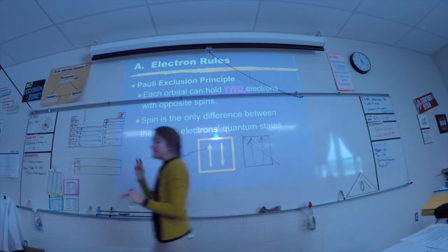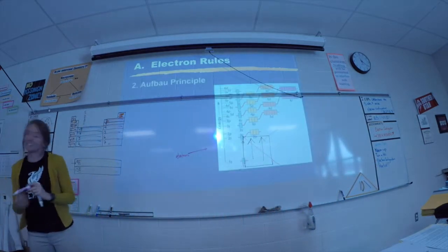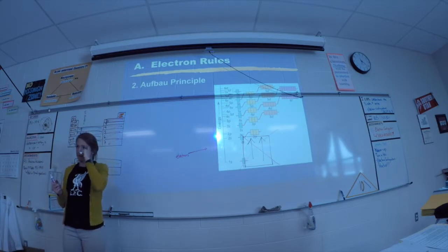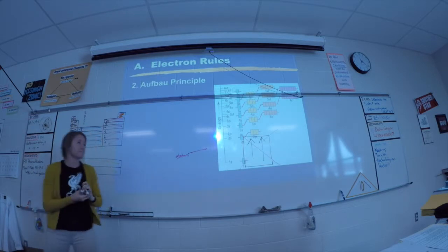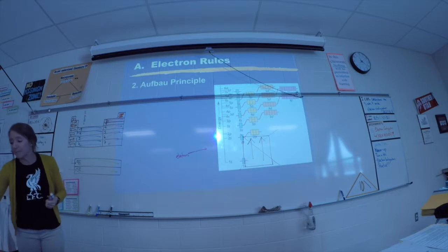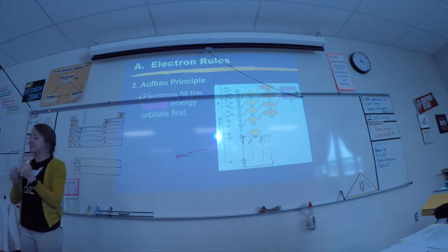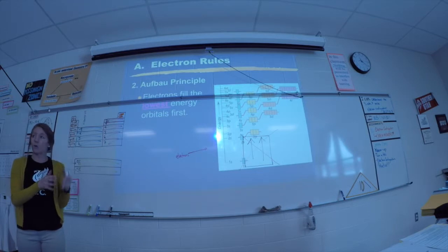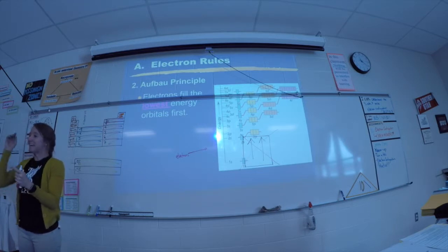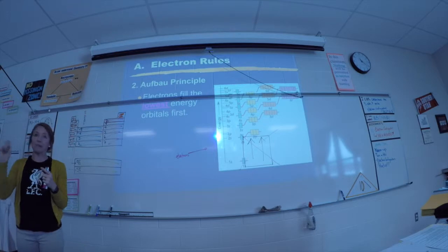Okay? Second rule is something known as the Aufbau principle. If you speak German, you can probably say it better than me. But the Aufbau principle, this rule tells us that electrons fill in the lowest energy orbitals first. And this is where your map comes into play.